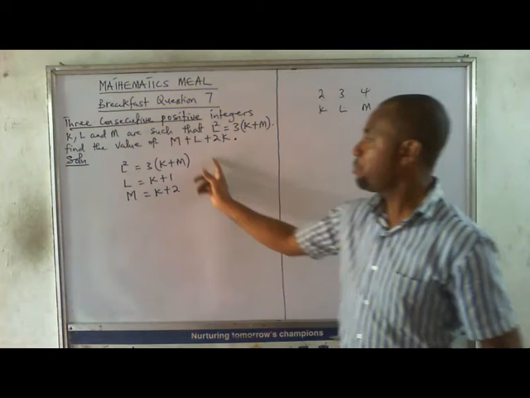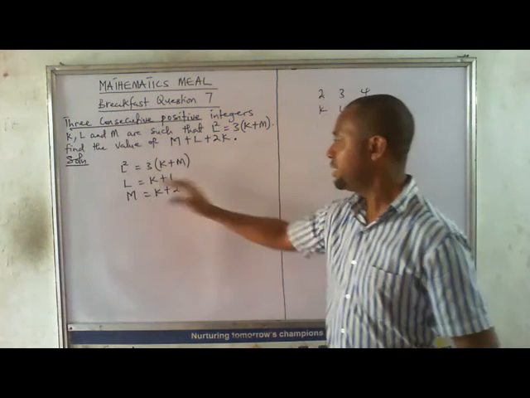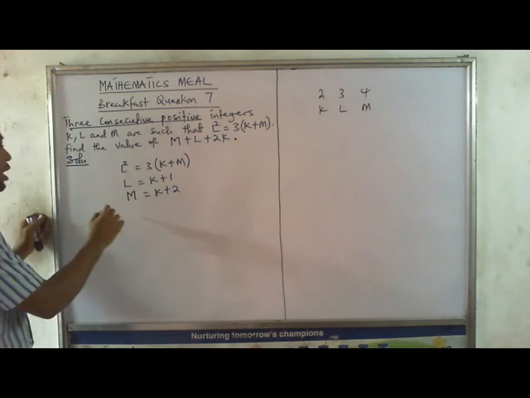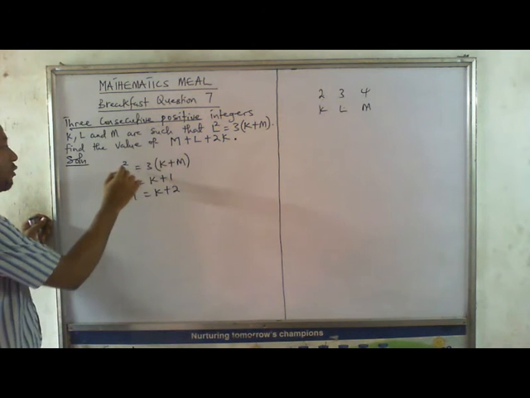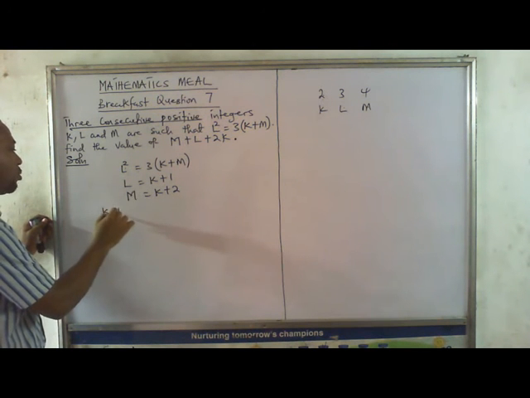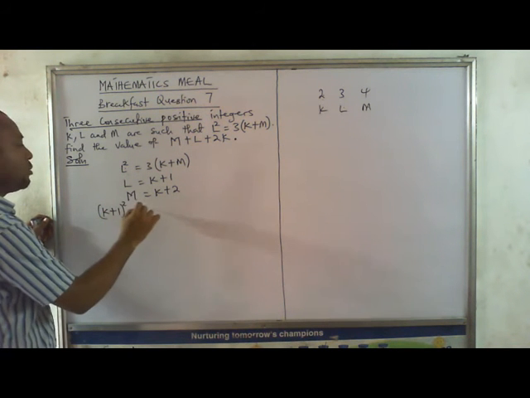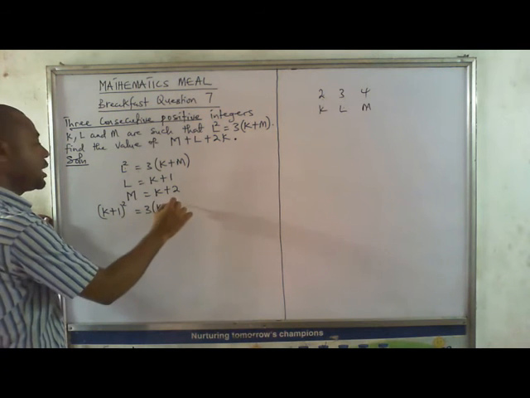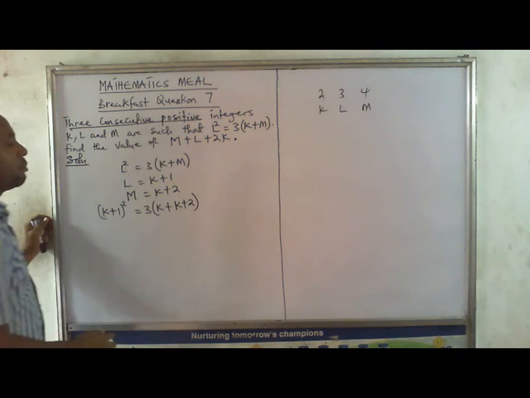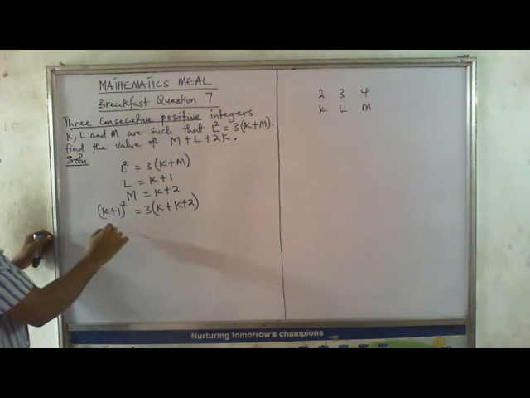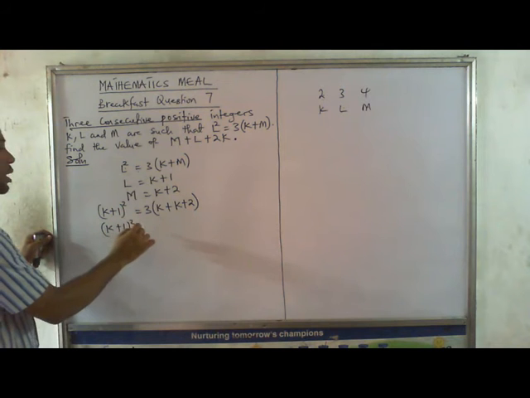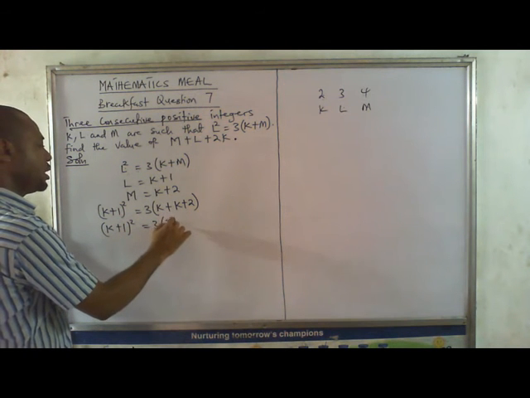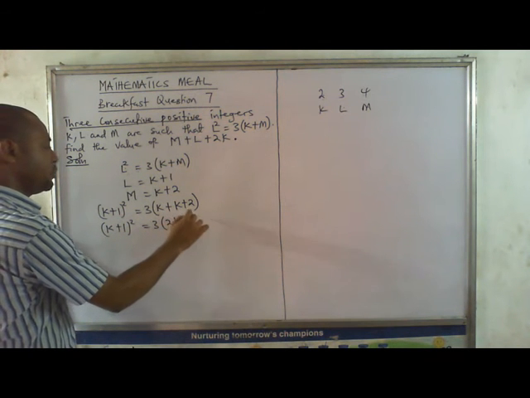So we're going to express this relationship in terms of k only. Instead of l, we now have k plus 1. So k plus 1 squared equals 3 bracket k plus m, and m is k plus 2. So we have k plus 1 all squared is equal to 3 bracket 2k plus 2.